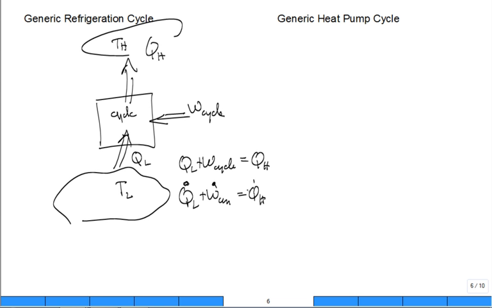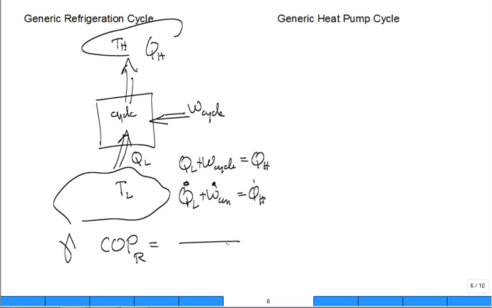Then you have the efficiency. Here, I forget what the book uses. I think gamma. I don't like gamma. Why not COP, coefficient of performance, for a refrigeration cycle, defined as the ratio of what you want divided by what you had to pay for. You have to think, refrigeration cycle, what did I want?